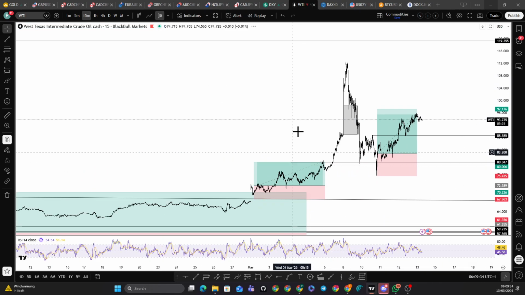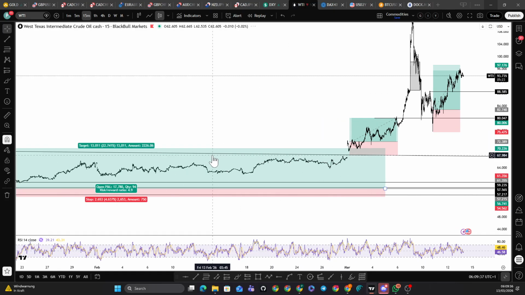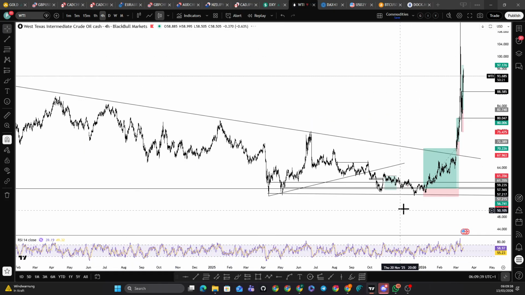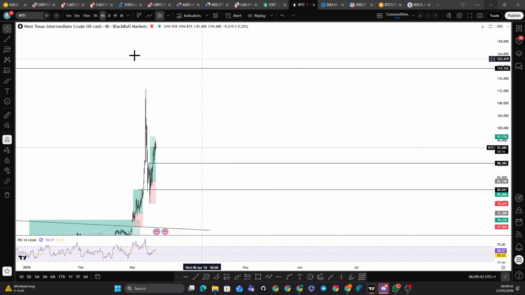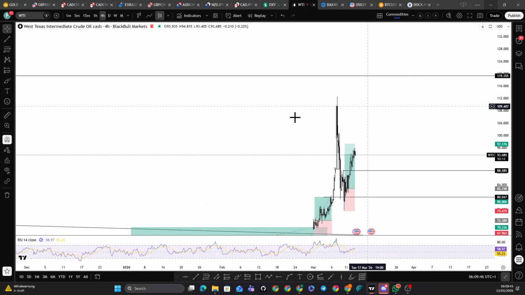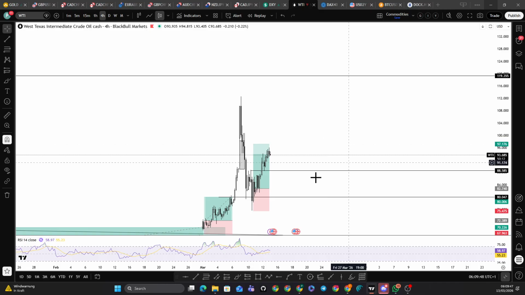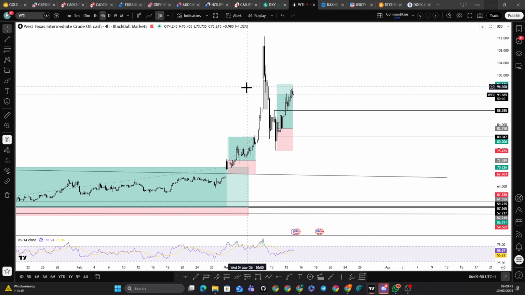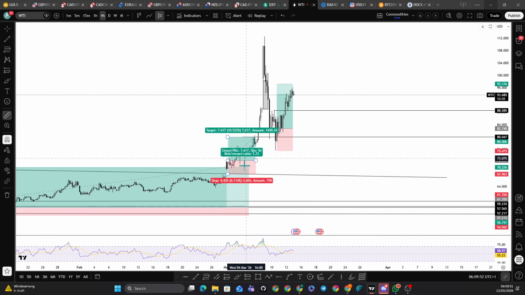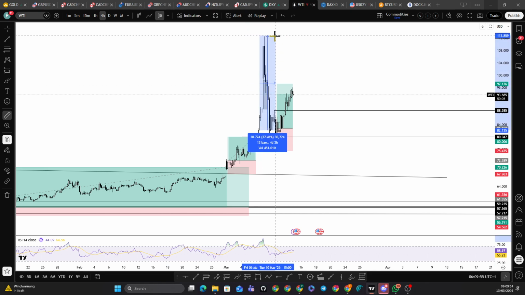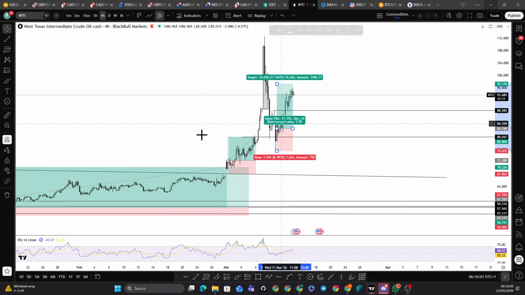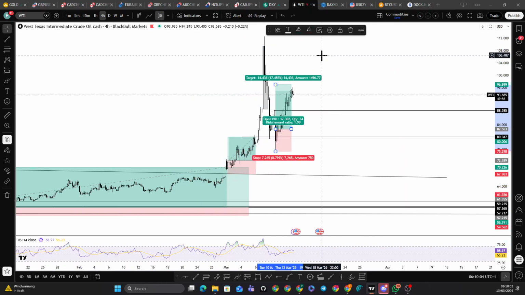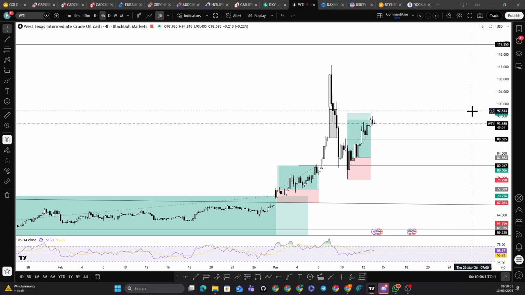I have been long on crude oil since January, but I missed this entire up movement. It was sudden, when the market opened, something like nearly 50% up movement from the bottom.